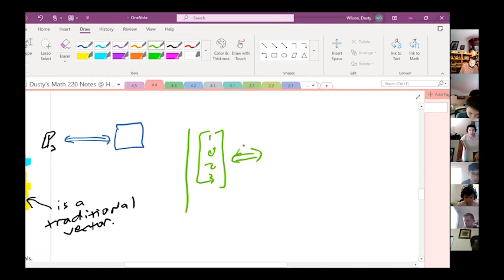That would be like 1 plus 0 t's plus 2t squared plus 3t cubed. Yeah, thank you, Gerald.